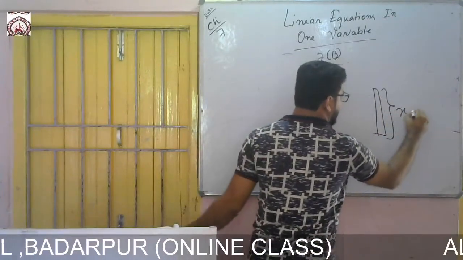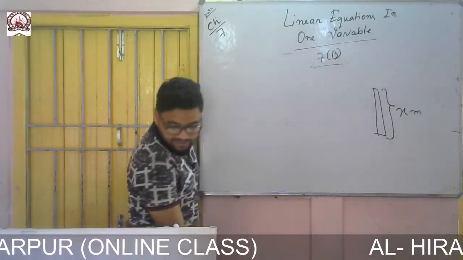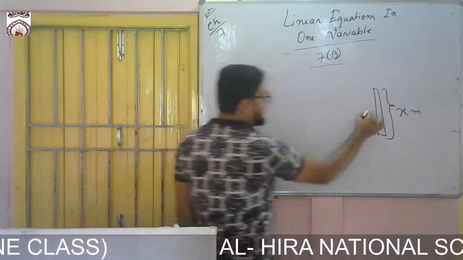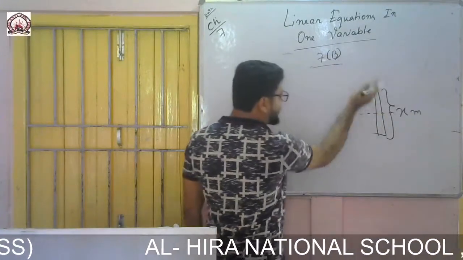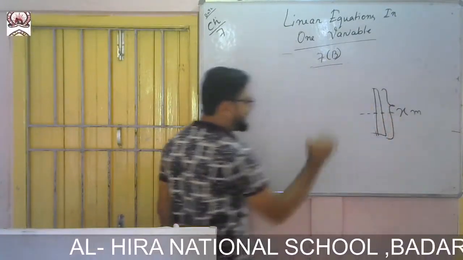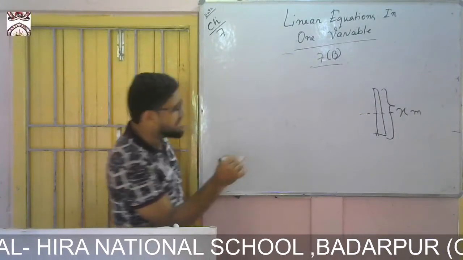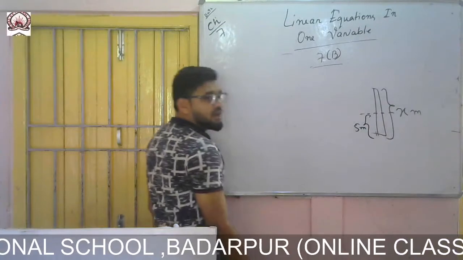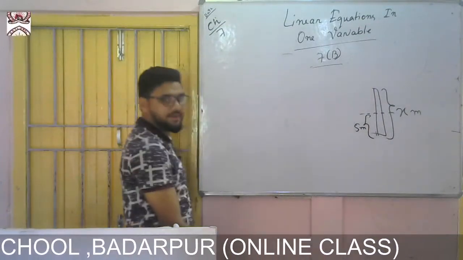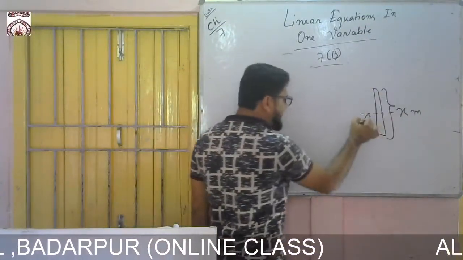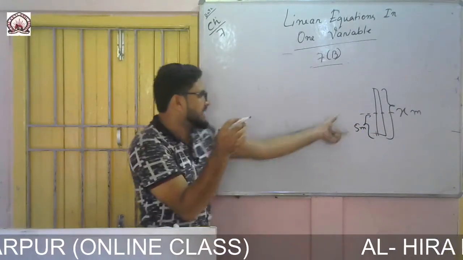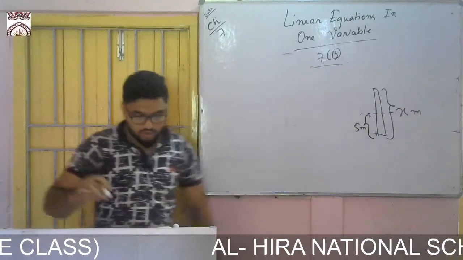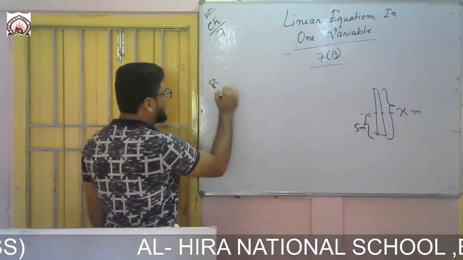We don't know that it is x meters long. It has been broken into two parts. This is one part and that is the other part. The measurement of one part is 5 meters. Now what will be the measure of the other part? From the total, if I subtract this part, I shall get the other part. So it is x minus 5.